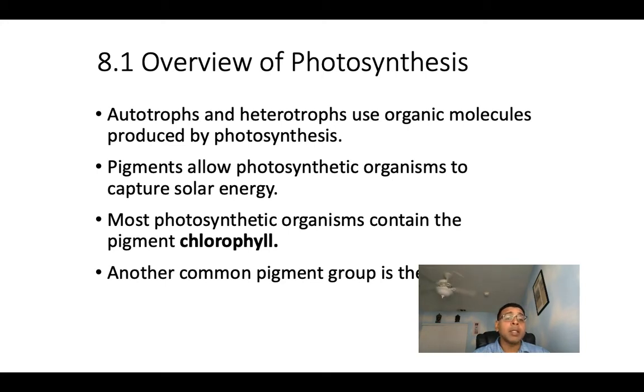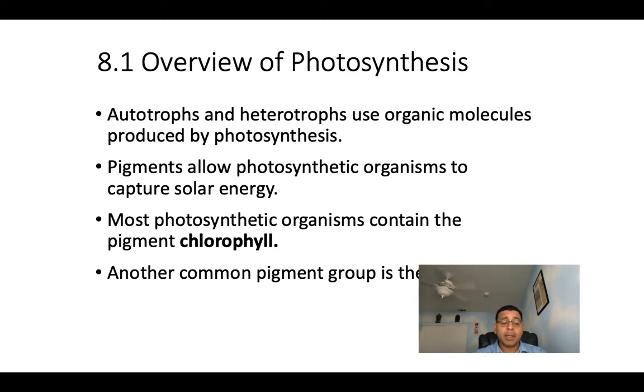Some contain carotenoids, which give photosynthesizing cells a yellow to red color. And then last, we have phycobilins. Phycobilins are going to give red algae their red color and cyanobacteria a bluish color.